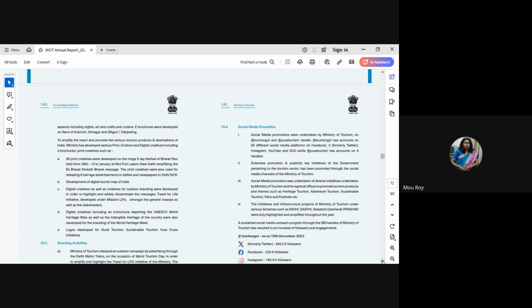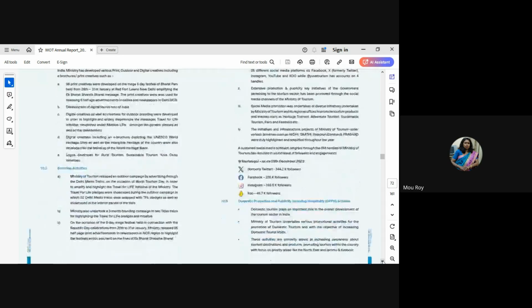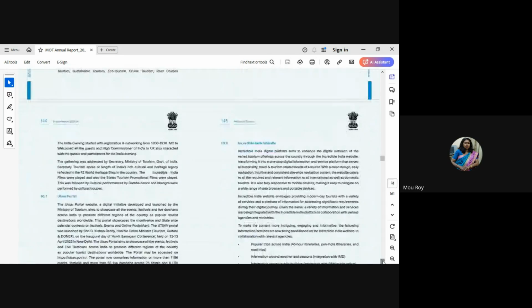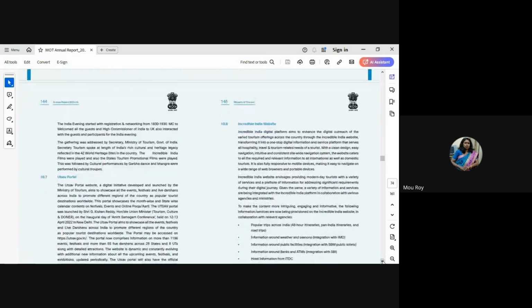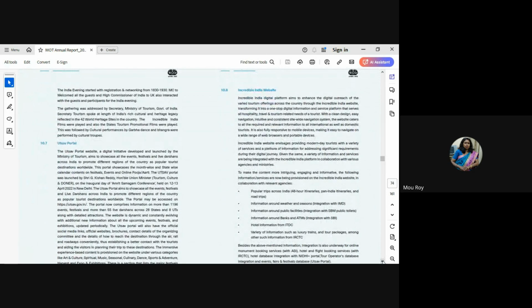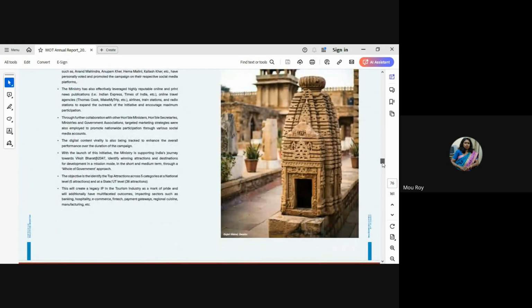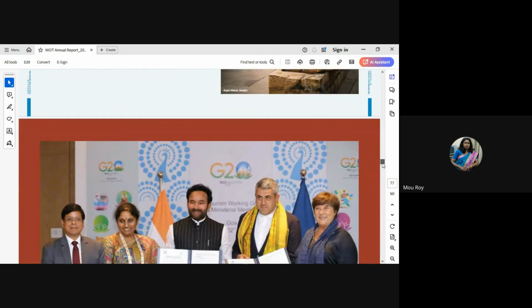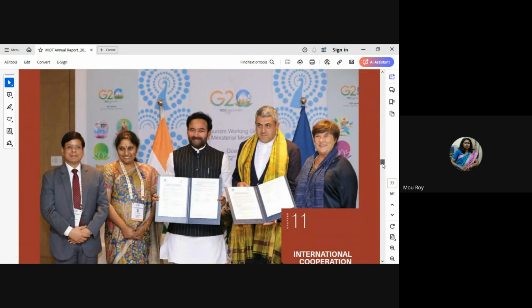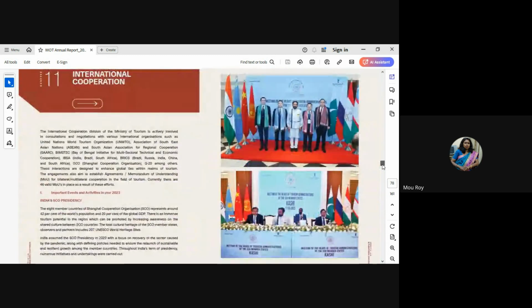They are duly highlighted and focused throughout the year. There are also websites, the India Tourism website, plus each state has its own website highlighting the importance of tourism of that state.